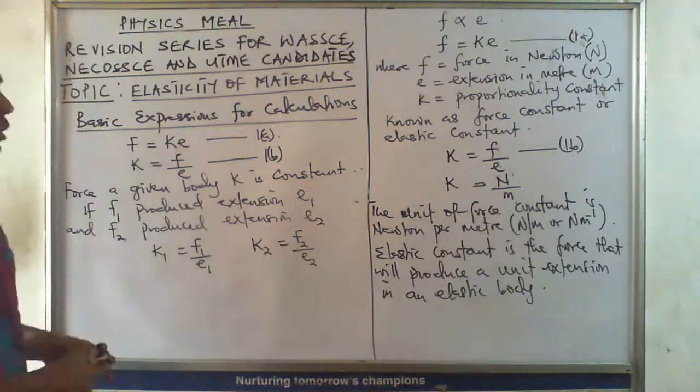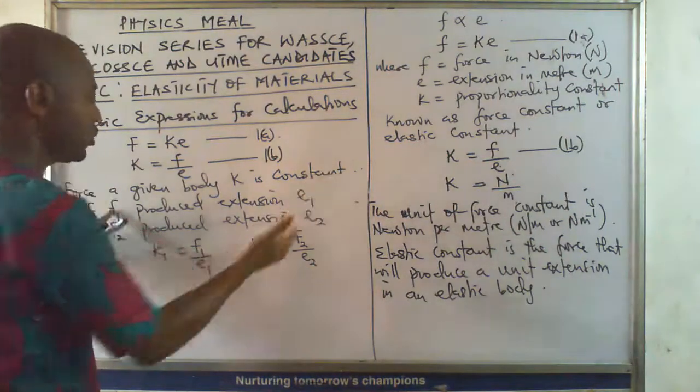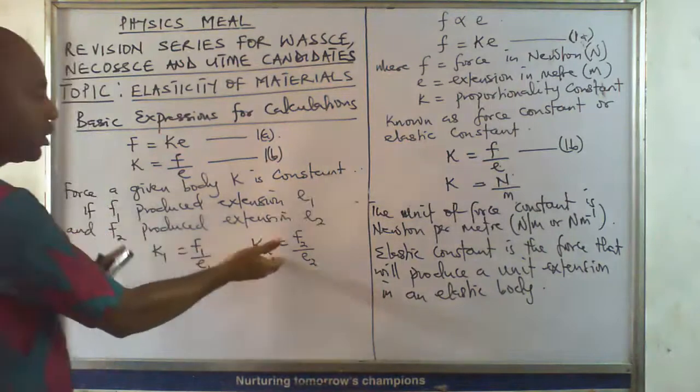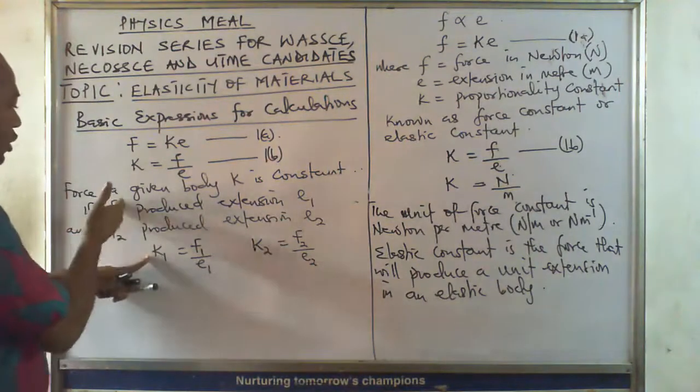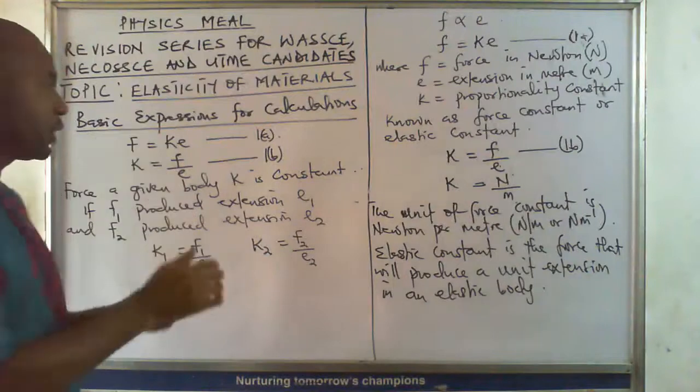For this particular force, we have this extension, so its force constant is K2, and the force constant for the first one is K1. But remember, it's a constant for a given body.